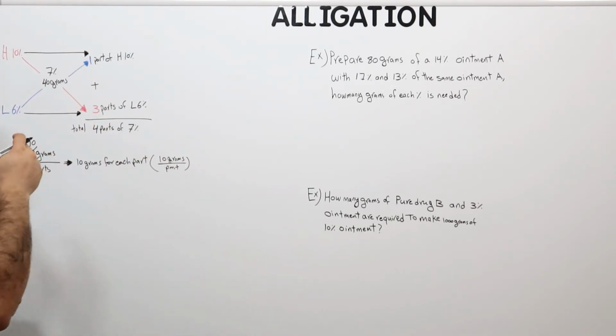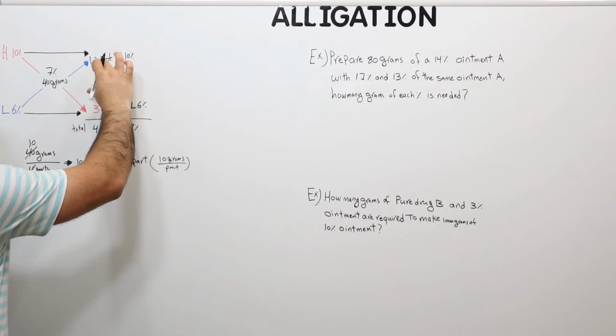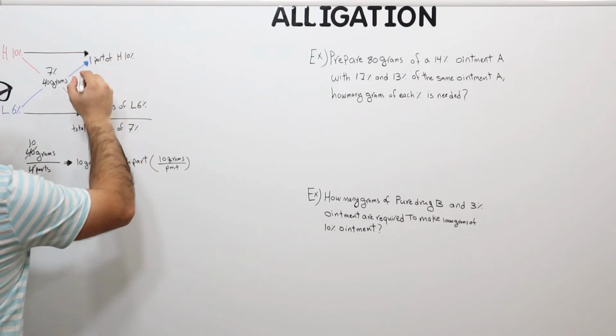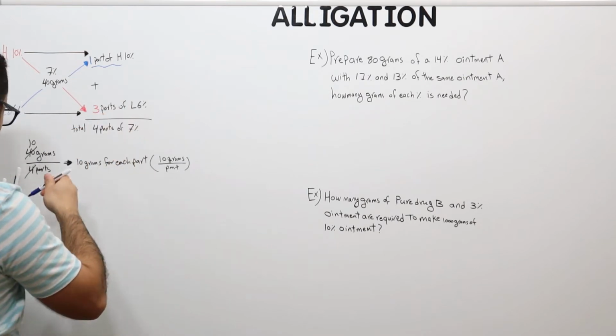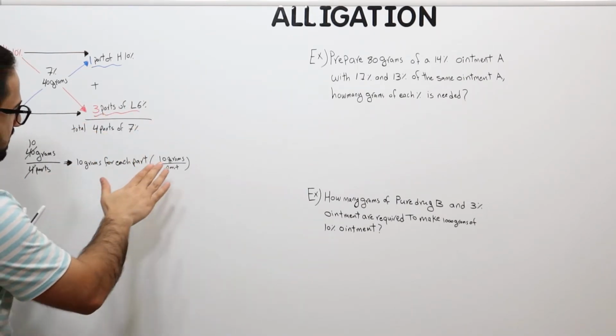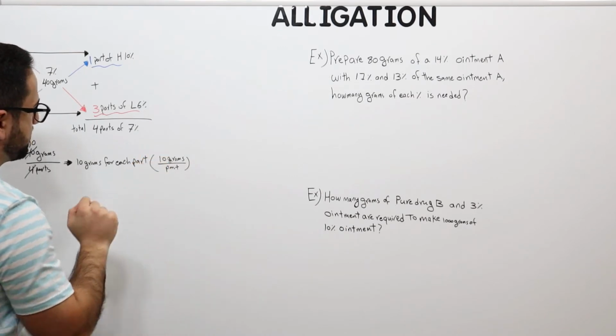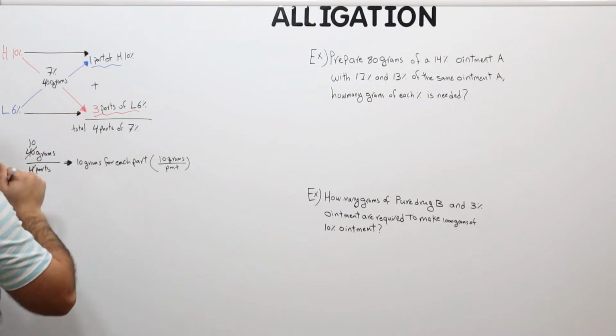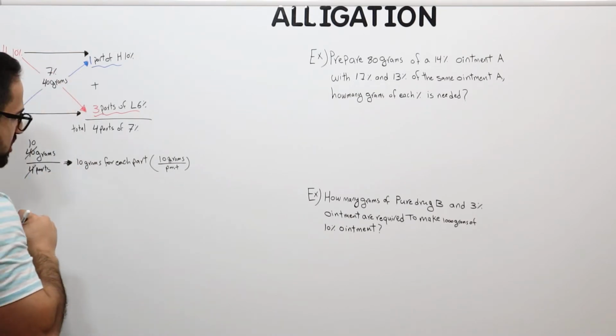The next step would be to take each one of these parts, this part over here and this part over here, and multiply with 10 grams per part to find out the number of grams we need from each one of them to prepare the desired concentration.